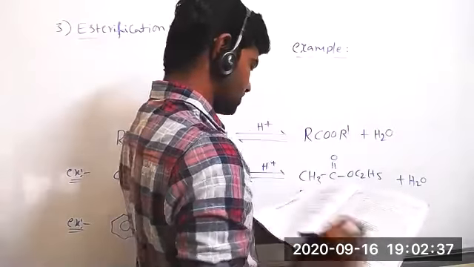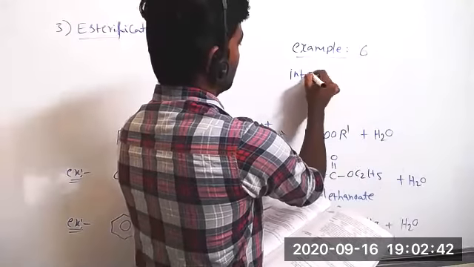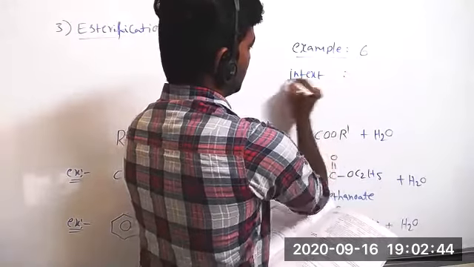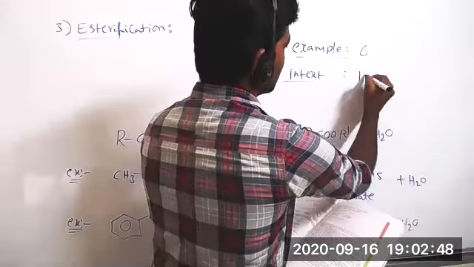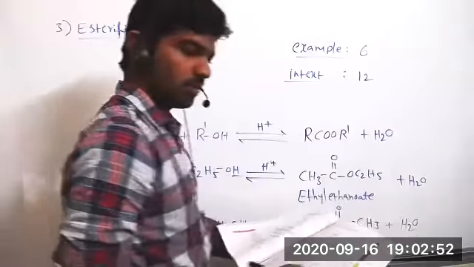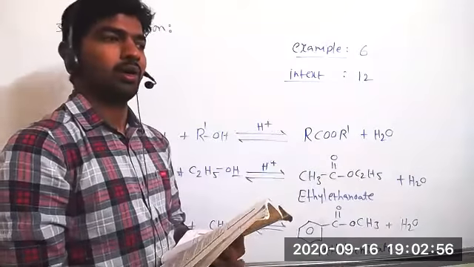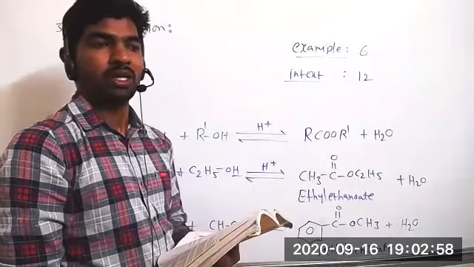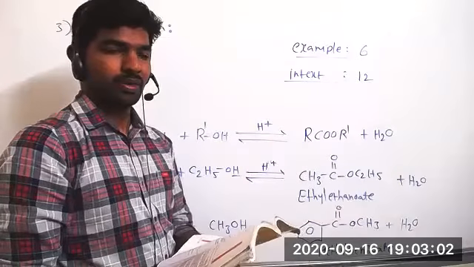Example questions, 6 questions are there. In-text questions, 12 questions. Learn all these questions and write them on paper without seeing, and submit to me. I will give you 1 week time.